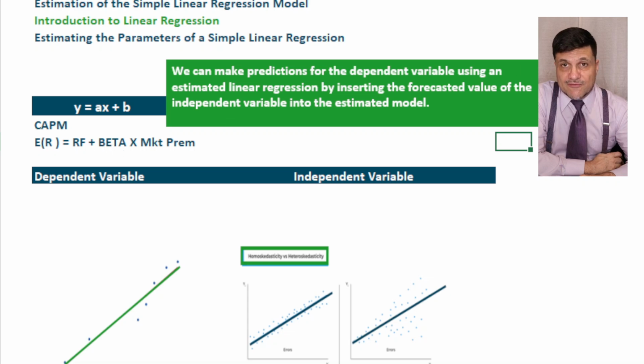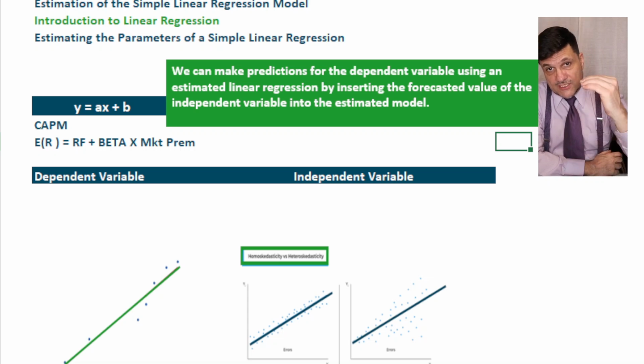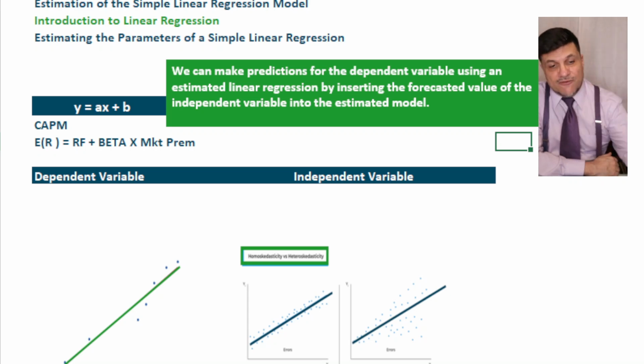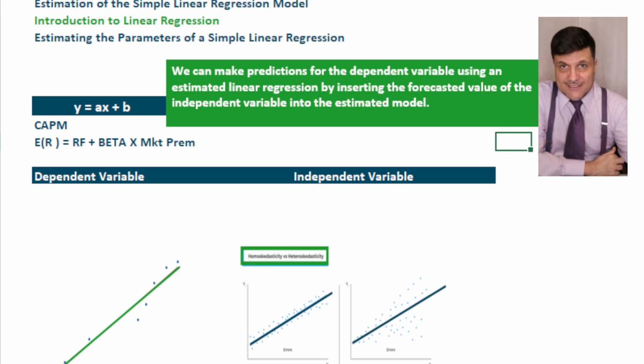So if the market goes up 1% and every time the market goes up 1%, that stock goes up 1.5%, or 50% more, you can say that the beta of that company or that stock is 1.5. Right? Because it responds 50% more than the market does. That's the concept of beta. Beta sensitivity, as we say.